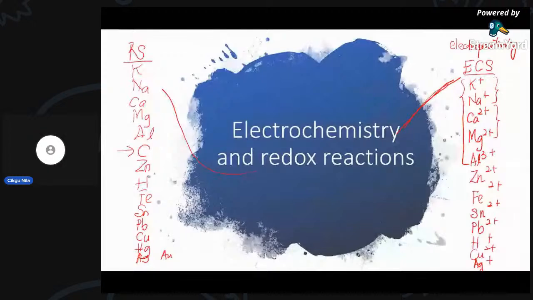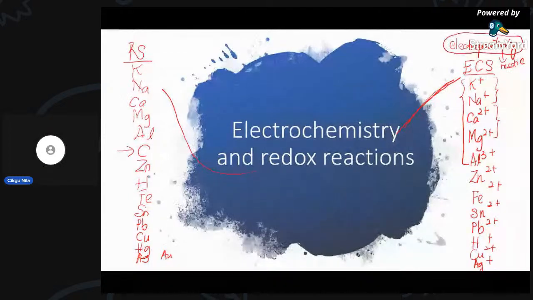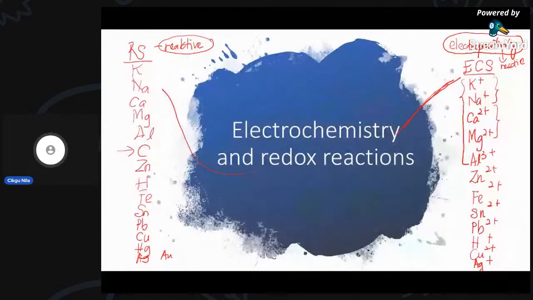But the correct term to use is electropositivity. For the reactivity series, you can say which metal is more reactive than the other metal. Going down, the metals are becoming less reactive. The top ones are the reactive metals. These are the things you should know.